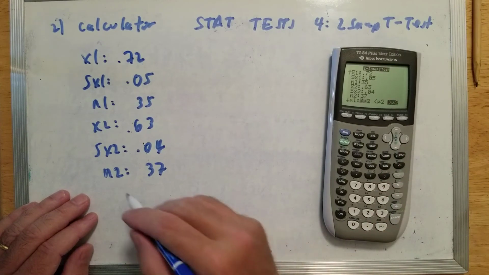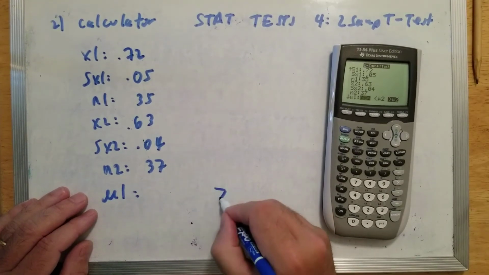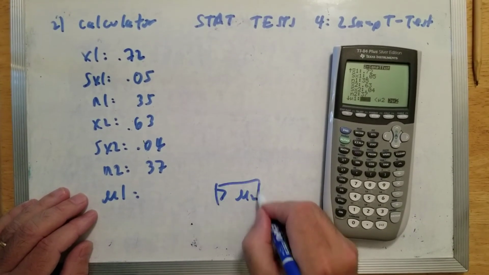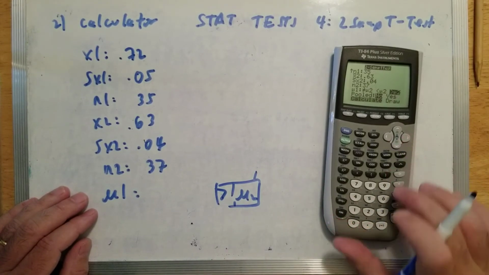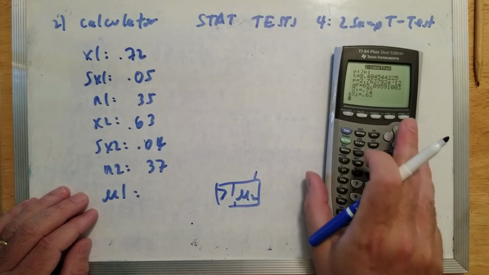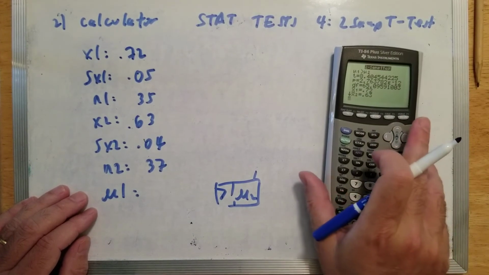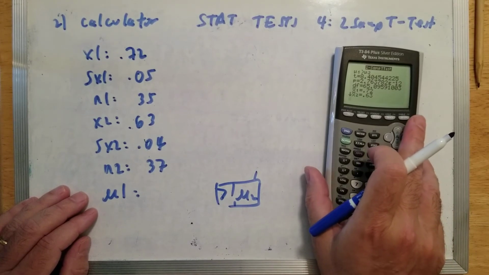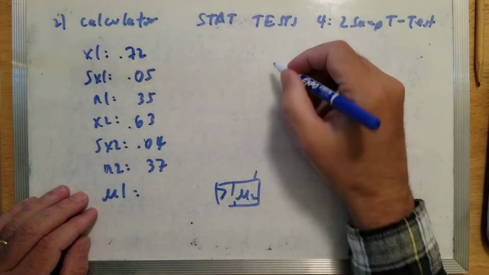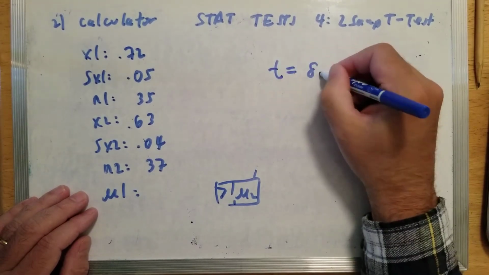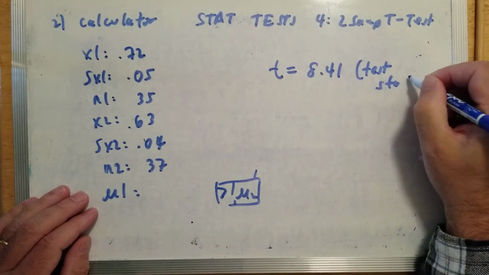For mu1, we wanted to highlight the greater than mu2. Pooled is always no, and when I do calculate, I get the t value and the p value. The t, the test statistic, is about 8.41 to 2 decimal places. So t is 8.41, that's the test statistic.